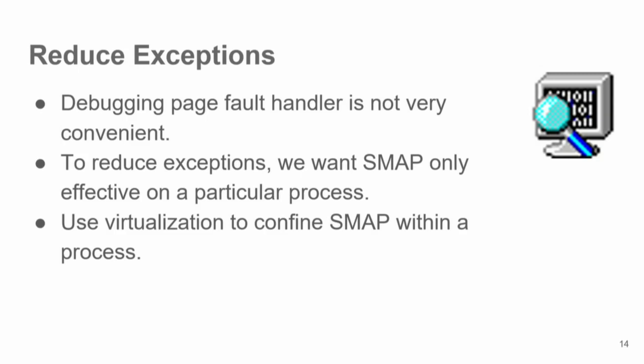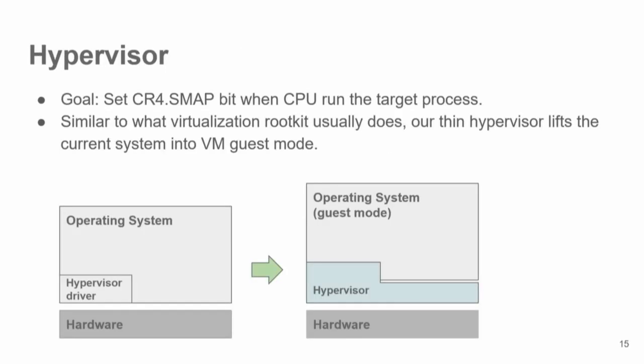That easily gets us into a dead loop. So we need to heavily reduce exceptions to be able to debug the whole thing. And we want to debug one process at a time, not the whole system altogether. So we think we can probably use virtualization to confine this feature within one or several processes.